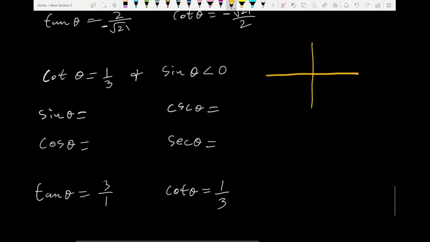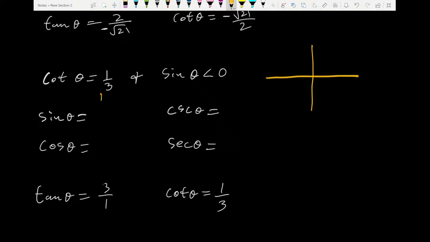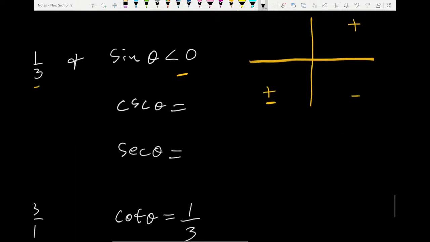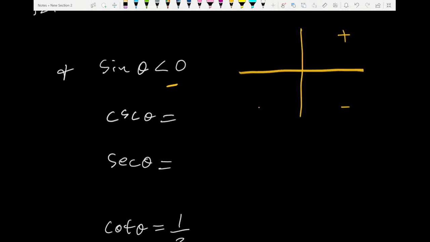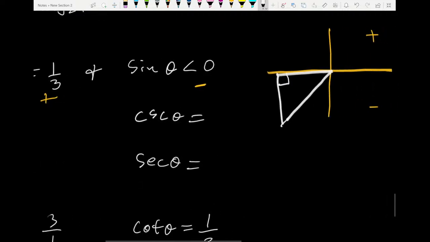Okay, so cotangent is positive and sine is negative. So tangent is positive in this quadrant and sine is negative in these quadrants. So therefore, the triangle is going to lie in the third quadrant. So tangent says, this is my theta, opposite over adjacent, okay?